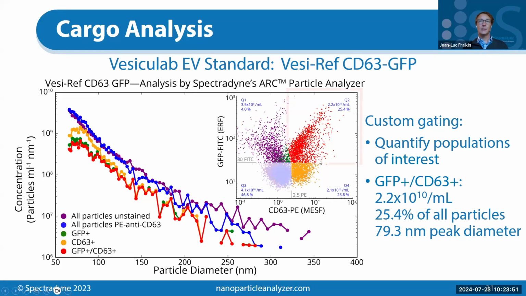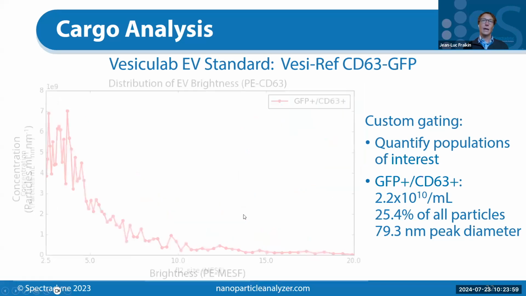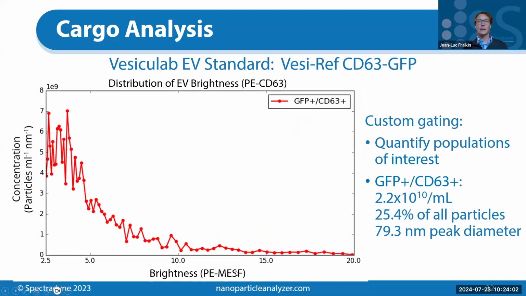Let's look specifically at the double positive population and take this a step further, because the fluorescence that we measure is quantitative and it's in these special units of MESF, right? So we make it very easy for the instrument to be calibrated in terms of MESF units. This unit is a NIST-defined unit, which basically means if you measure something to be 10 PE MESF, then that particle is as bright as 10 free-floating molecules of PE in solution.